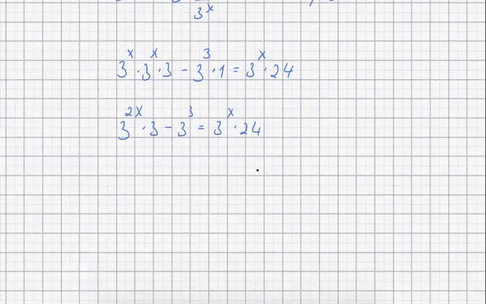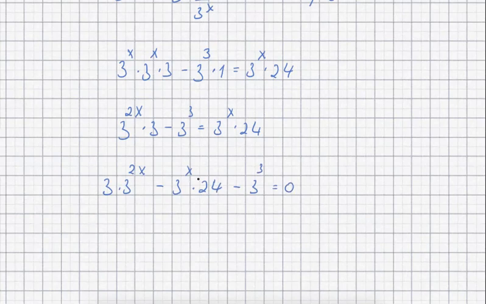And now you're going to see something that you're going to hate. But let me first change the order a little bit. So if we do 3 times 3 by the power of 2x minus 3x times 24, I just moved it here, minus 3 by the power of 3 equals 0.